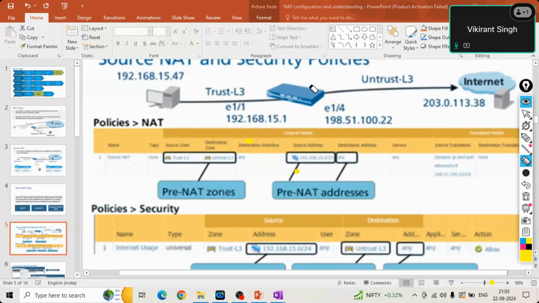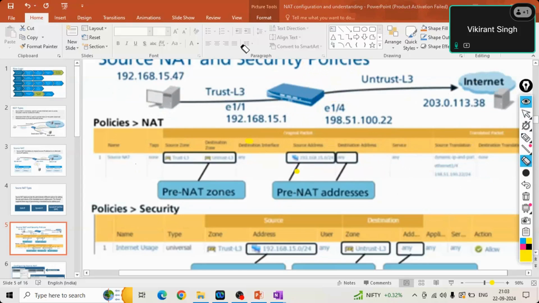You will just simply think about it. This is obviously the source IP, and this is obviously the source zone. Then they will ask destination IP and destination zone. Destination zone is untrust because we don't know anything. Destination IP will be any. Source IP we know, so we are good till here.